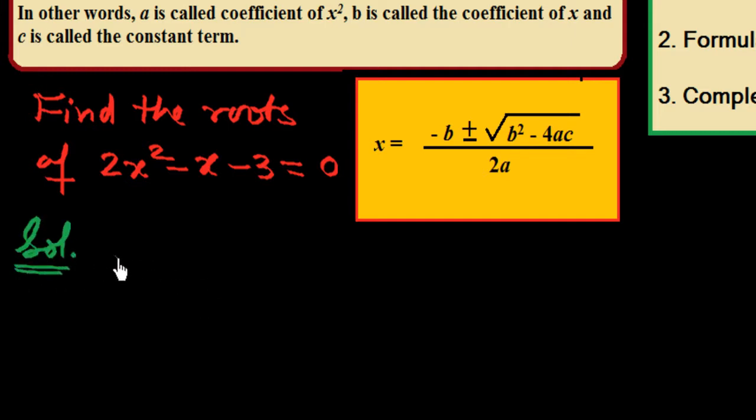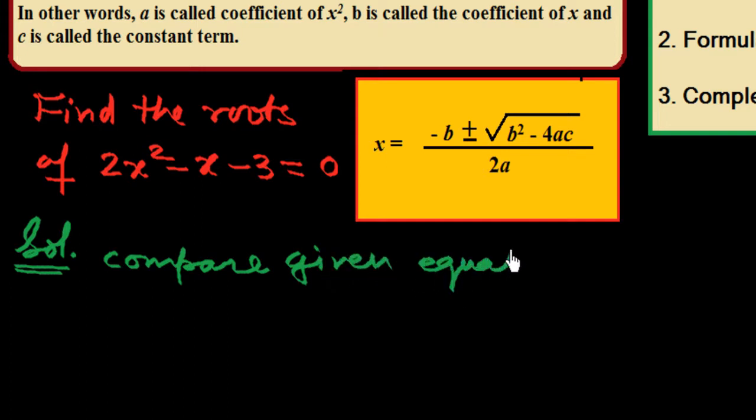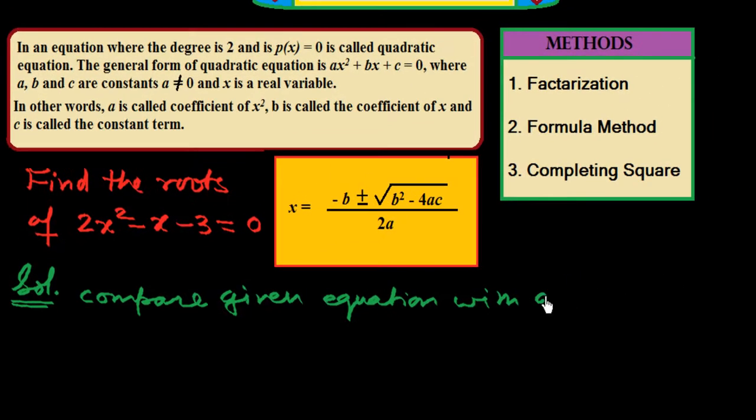First of all, compare the given equation with ax square plus bx plus c is equal to 0.